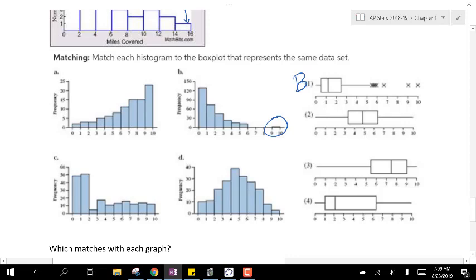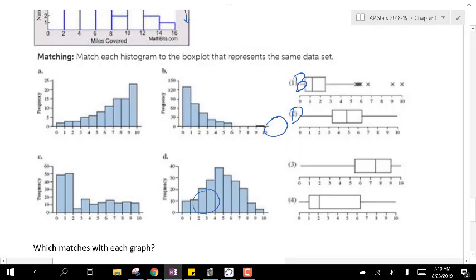Number 2 is symmetrical. Well, which one of these graphs is symmetrical? D. And it is basically our normal distribution. It looks very normal. Could be a little bit lower here, maybe higher here, but it's pretty normal. Number 3, we have most of the data on the right side, but some lower values.